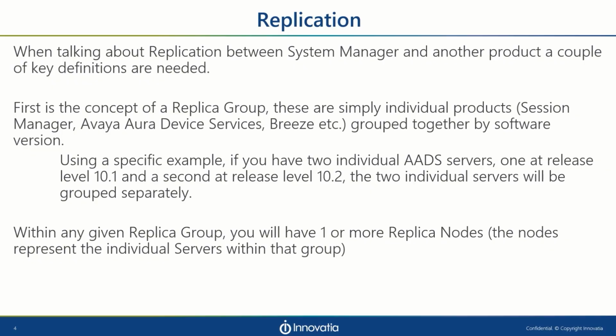Again, groups are defined by both the specific product, Session Manager, Breeze, as well as their version. Each individual group will have one or more replica nodes, and the replica nodes simply represent one specific server or element.